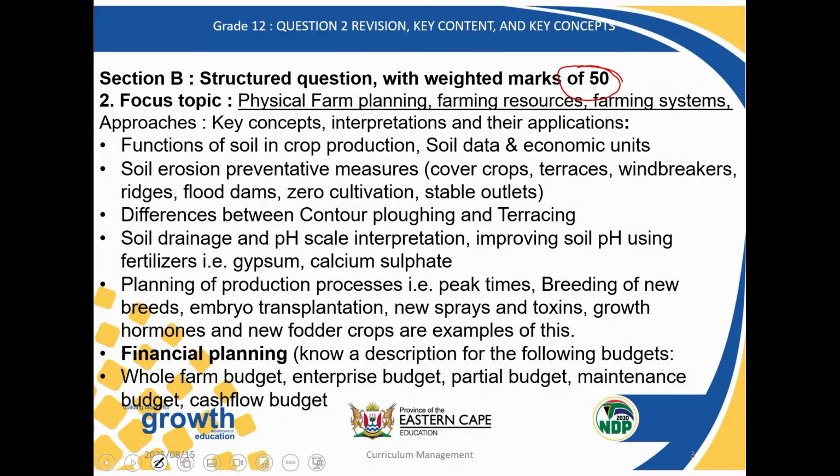And now we're only going to do this question 2, focusing on physical farm planning. So I want you to understand what is this physical farm planning and why it has to be done, what are the advantages of doing it correctly, and what are the disadvantages if it is not done correctly.